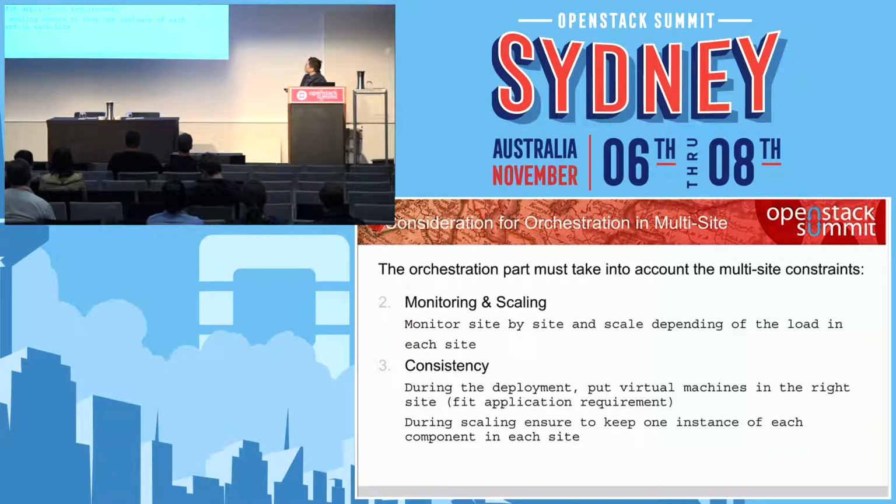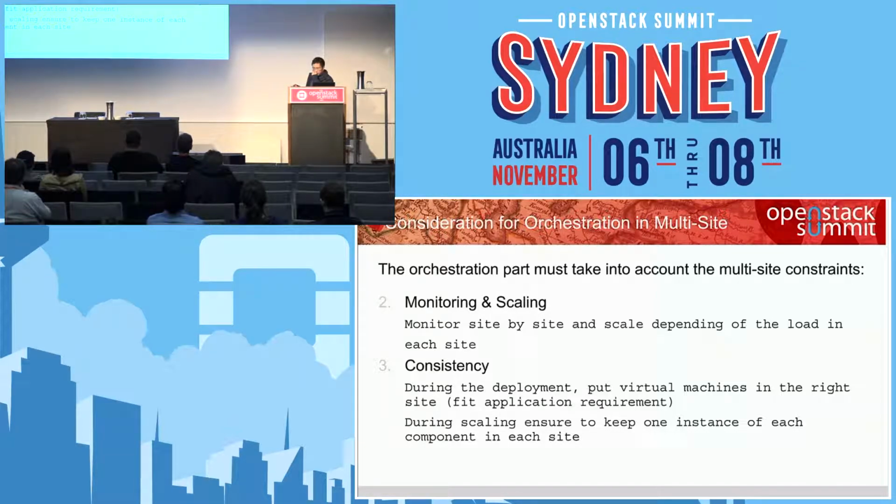And monitoring and scaling is also very important. We need to monitor the load in different sites and to make a decision on how the traffic could be handled in a balanced way. And it's also very important to deploy the virtual machine in the right site.